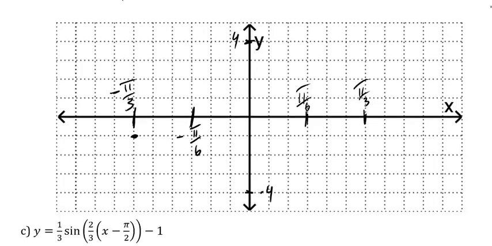Okay, count 3 squares, and I'm on the 0 line, which is 1. 3 more squares, and I'm at 3. 3 more squares on the 0 line. 3 more squares at my stop. Any questions about that?